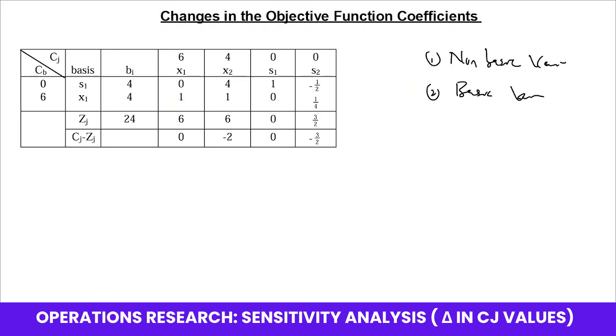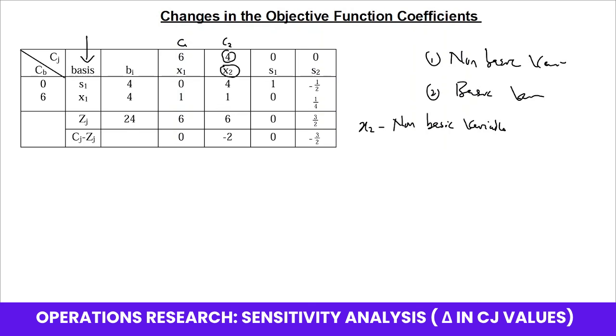For instance, we have this table, and we introduce an increase in the value of C2. This is C1 and this is C2. Let's look at C2. You see this x2, that's the coefficient of x2 in the objective function. But x2 is not in our basis here, which means that x2 is a non-basic variable.